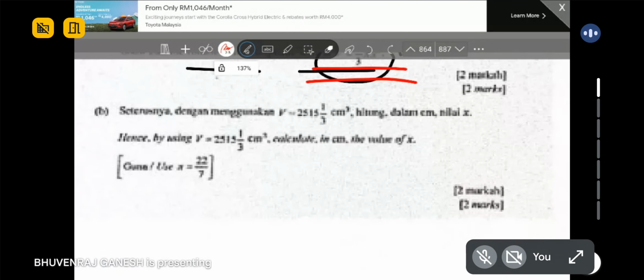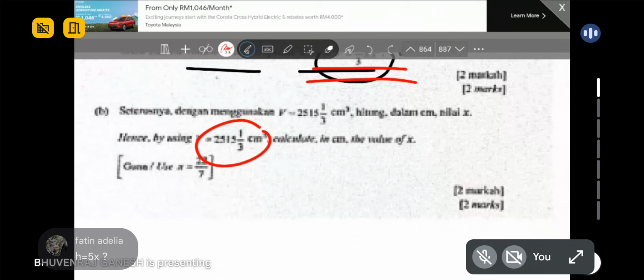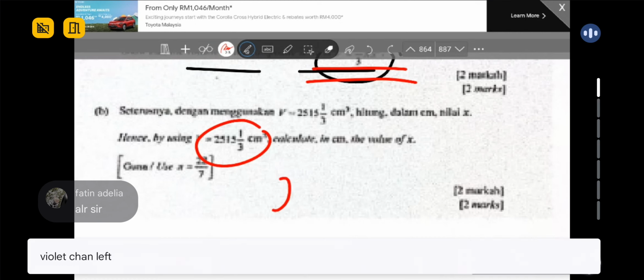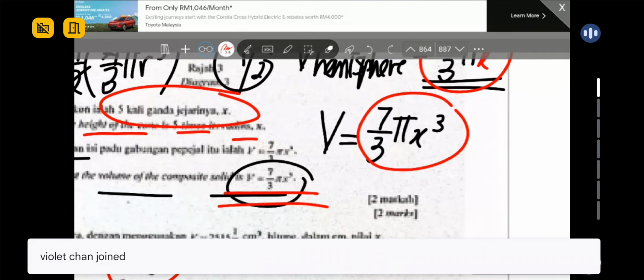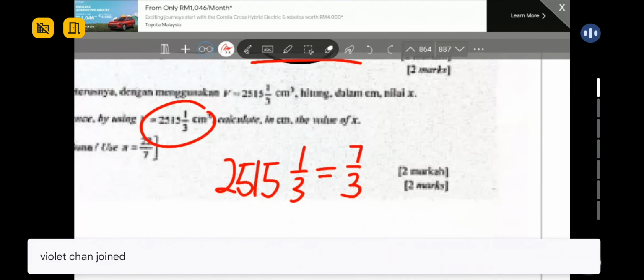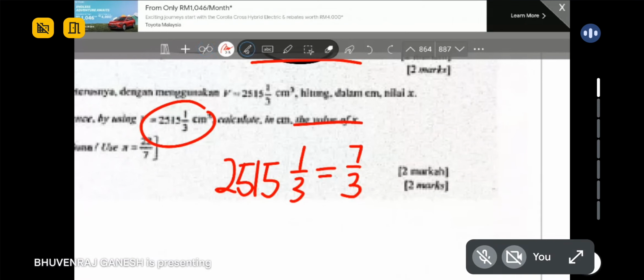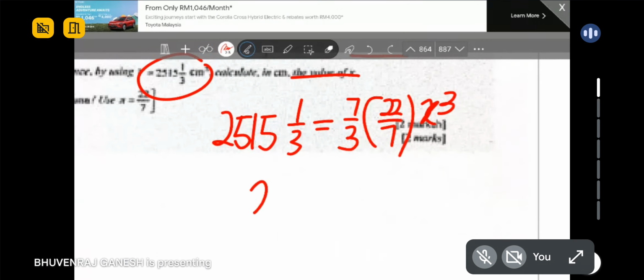They tell you the volume is 2515 1 over 3. Okay? So, volume 2515 1 over 3 equal to 7 over 3 pi x cube. Sama dengan jawapan tadi. Because the question wants you to find the x. Cari nilai x. Okay, so 7 over 3 pi, 22 over 7, x cube. So you guys need to solve this equation lah. Selesaikan.